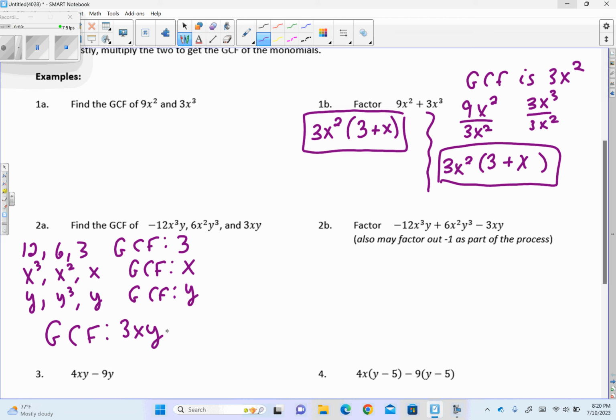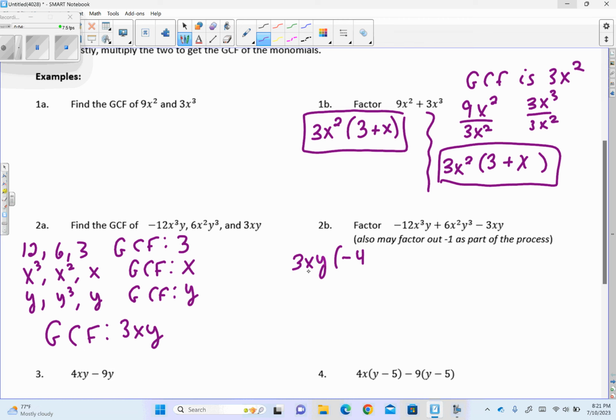So then when we go to 2b, and we want to actually factor this polynomial, we're going to write that GCF out front. And if you look at it as multiplication, we would ask ourselves first, what do I need to multiply by 3 to get negative 12? And that would be negative 4.